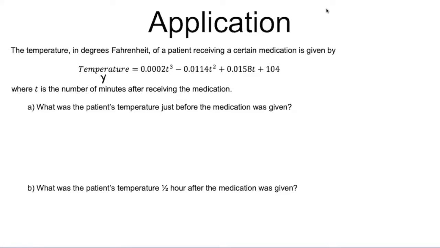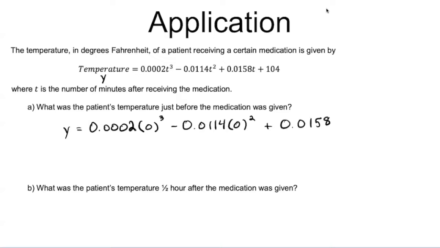So initially it says, what was the patient's temperature just before the medication was given? So that would be at 0 minutes. So Y is going to be equal to 0.0002 times 0 cubed minus 0.0114 times 0 squared plus 0.0158 times 0 plus 104.